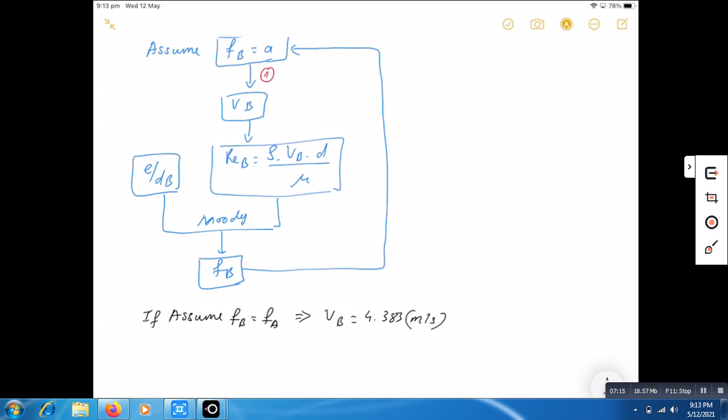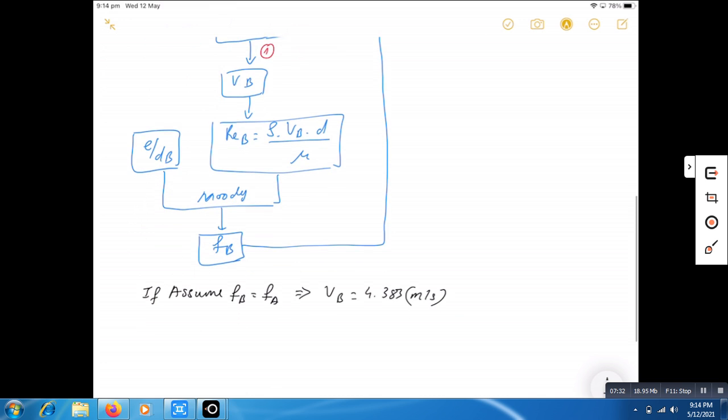When you double check, you see that the difference between fB at the end of the loop and fB at the beginning of the loop is smaller than 10%. So VB of 4.383 meter per second is accepted.